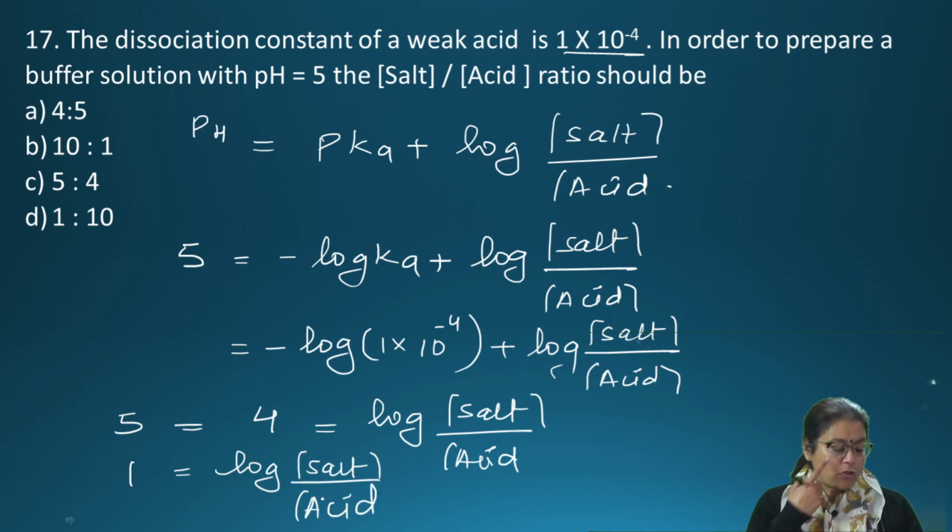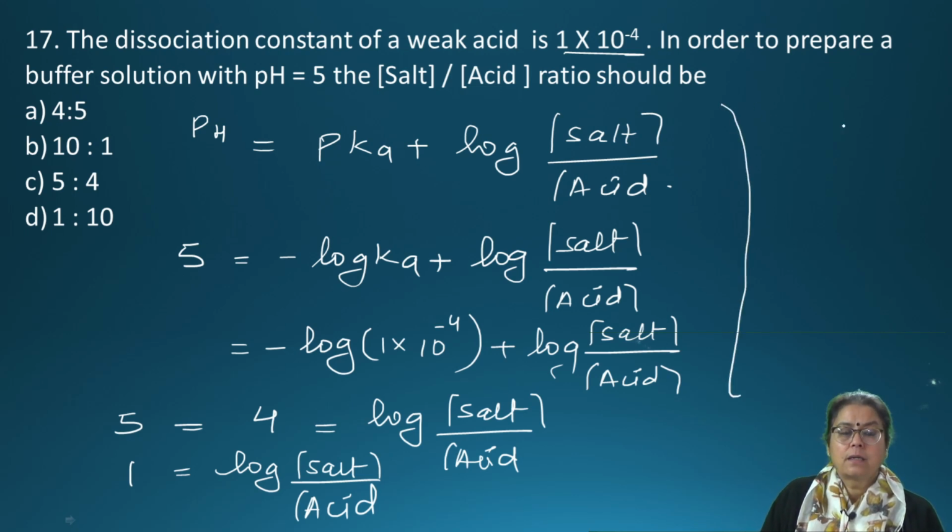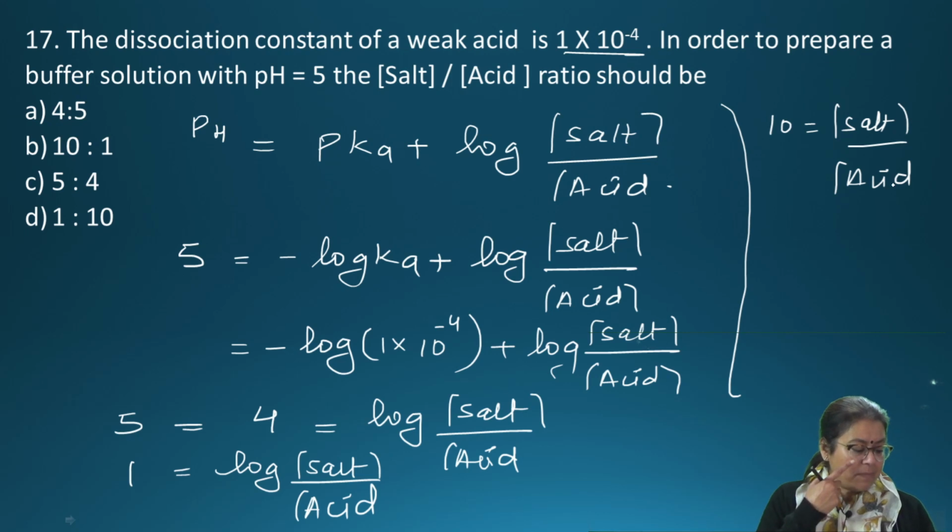So अगर आप रेशो लेते हो इसकी, if you're taking a ratio over here, this is becoming equal to 1. Antilog of 1 is equal to 10. 10 that will be equal to concentration of salt upon concentration of acid. तो ratio that will be 10:1.